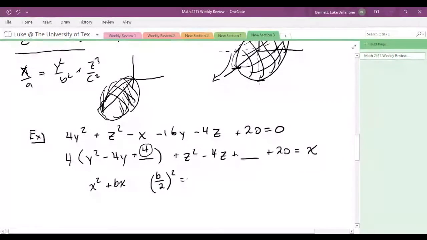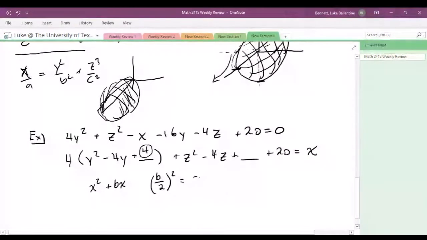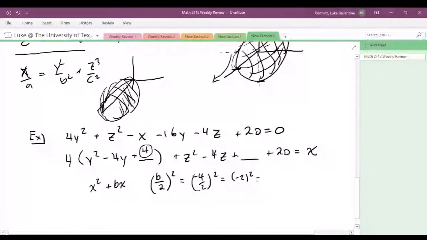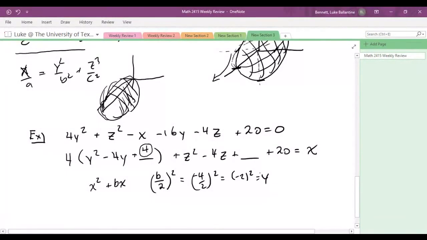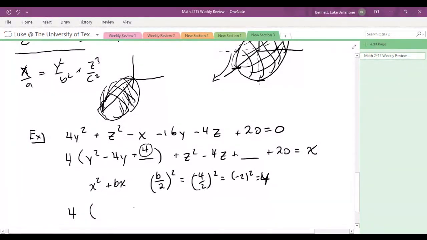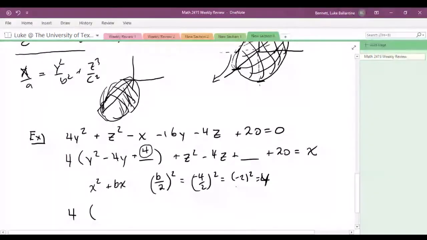Here we have -4 over 2 squared, which is -2 squared, which is 4. So that's just how you complete the square. And then when you put it into the completed square form, it's always the b over 2. So we got b over 2 to be -2 right here.